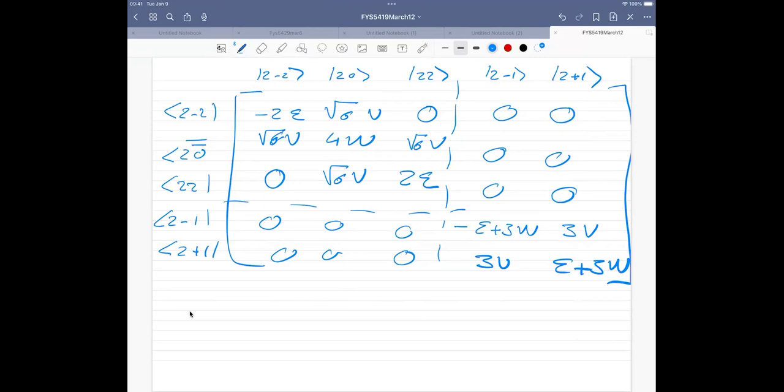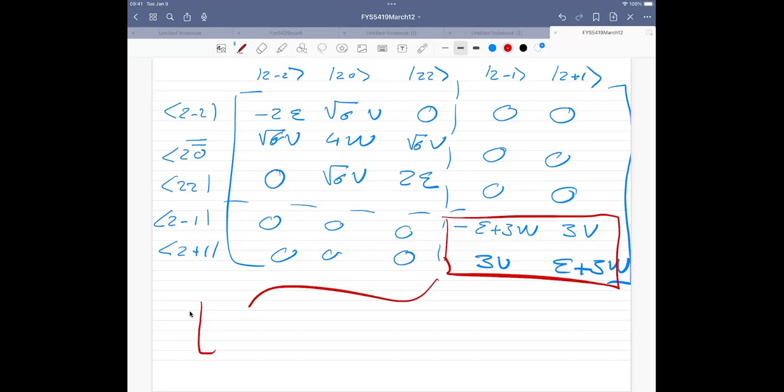And you see now that due to all the zeros, things simplify. And at the end, we have now two submatrices, which we need to look at. And this one is something which we already have. So if we take this one, the red one, then we know that we can rewrite this one as minus epsilon plus 3w and 3v and 3v and epsilon plus 3w.